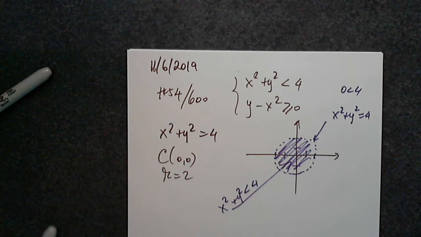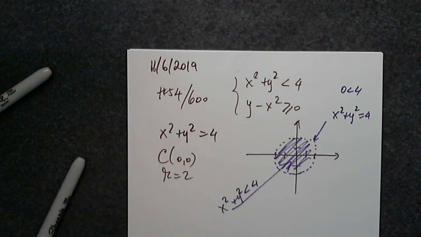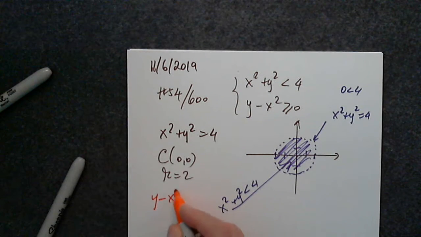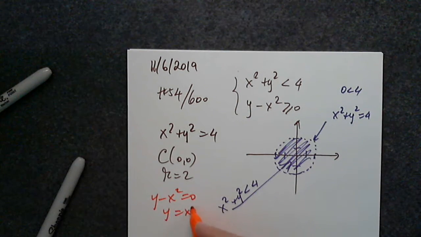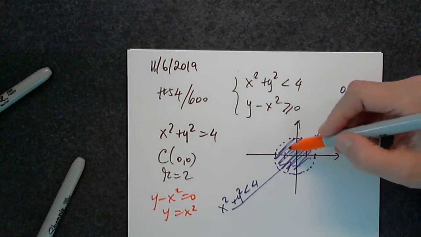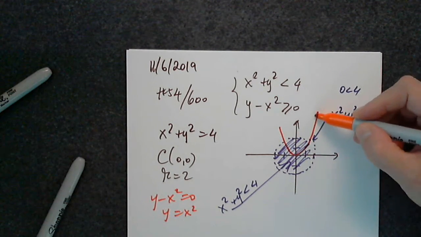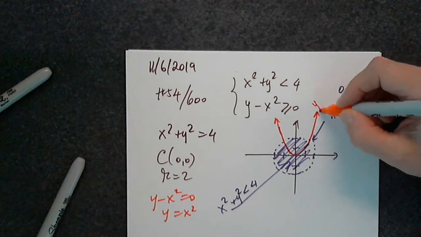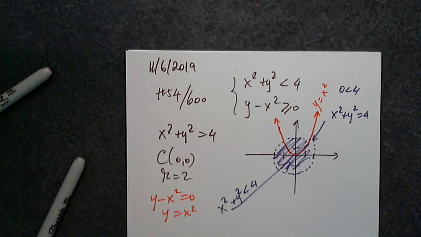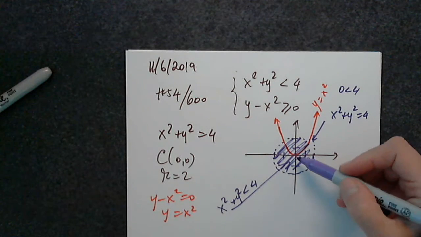Then we correctly identified the parabola, so y minus x squared equals 0, or y equals x squared. It's a solid curve, which is this graph. And now we have to pick a point that is not the origin.